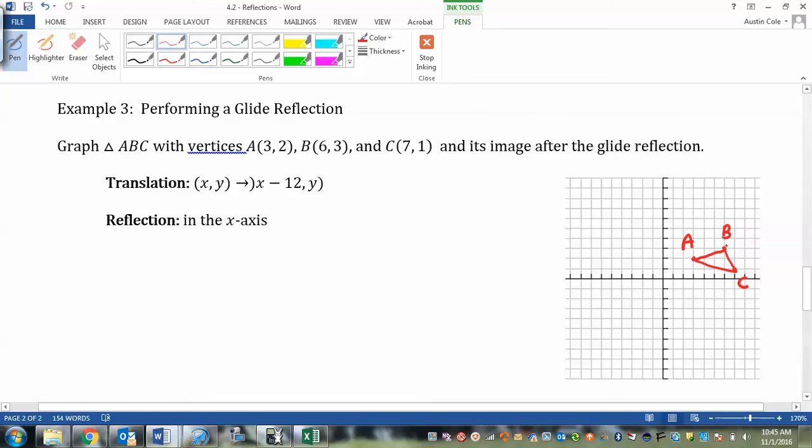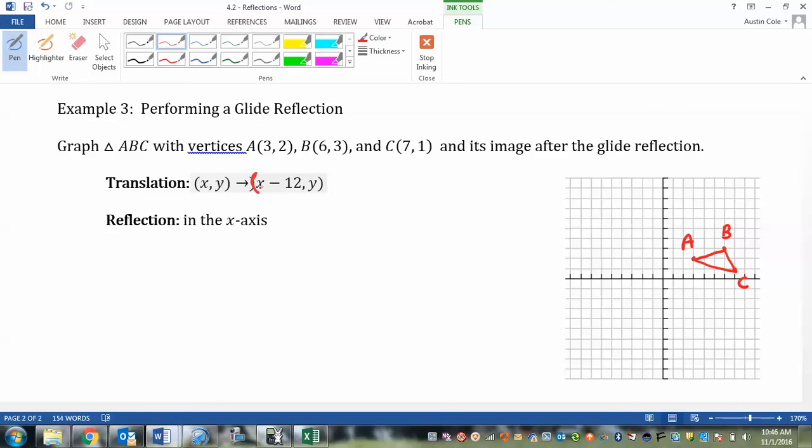Okay, there we go. Now, I made a mistake here. This parenthesis should be going the other way. Obviously, I wasn't being very careful. So this translation, can anyone in words describe to me how we're going to translate it? Which direction and how much?